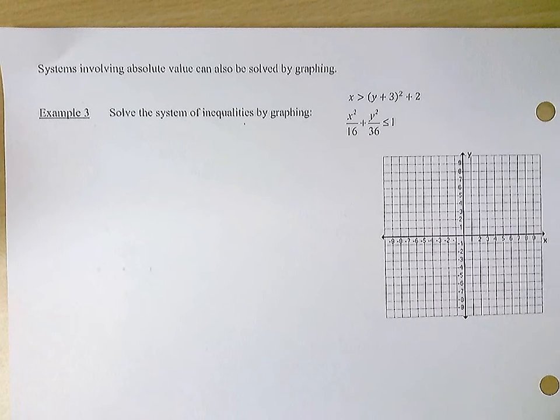Okay, one more. Again, we're going to identify what both of these equations are. What's that first one? It's the top equation. What type of conic section? I only have one squared value.